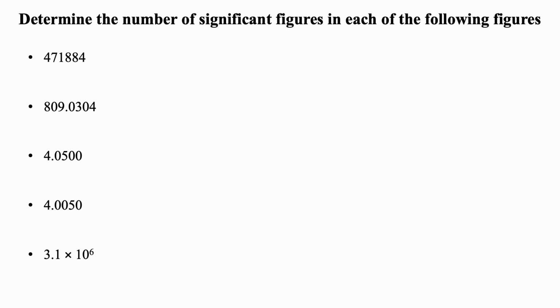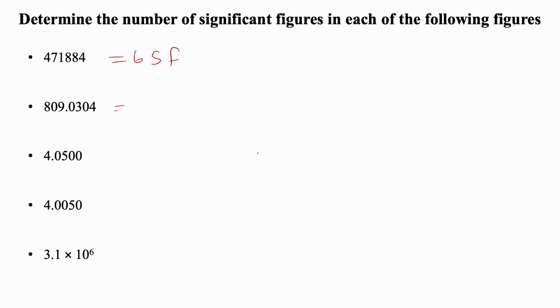Let's do a few more examples to understand significant figures and to avoid the mistakes you make when you are counting significant figures. The first number given here has all non-zero digits. Therefore, you have 6 significant figures including 4, 7, 1, 8, 8 and 4.